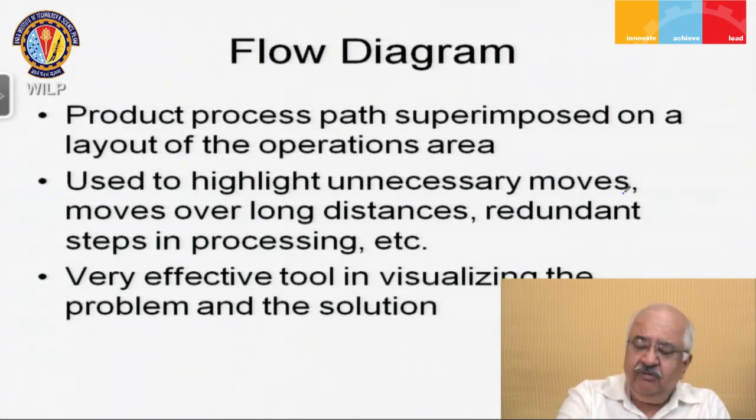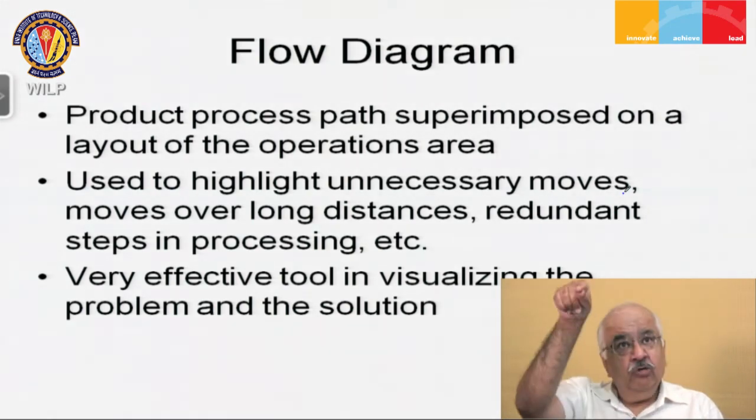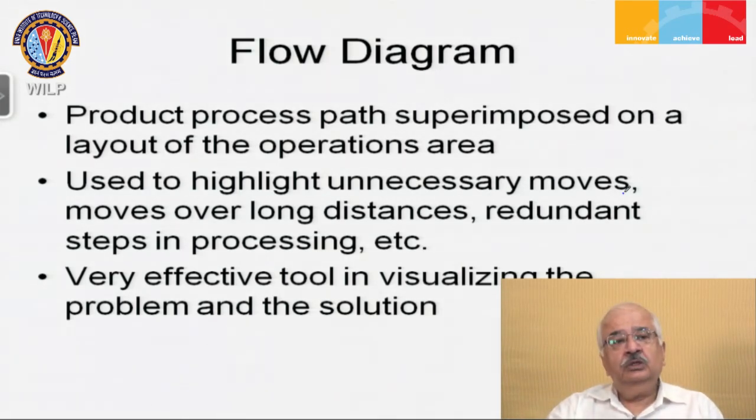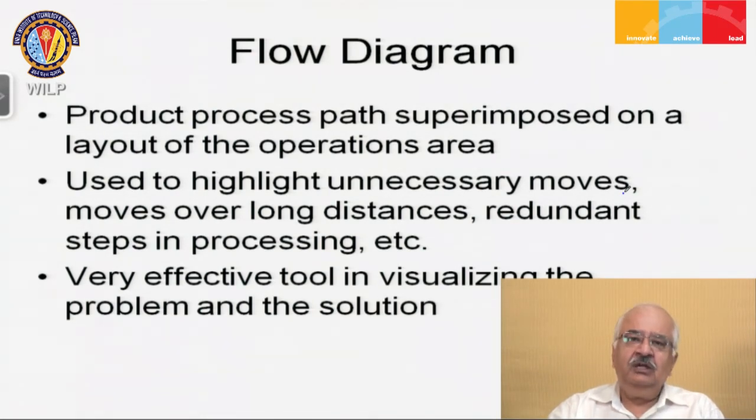A lot of times what people have found, when they draw things like the flow diagram, is that for the first time somebody actually gets an idea of how far and in what kind of ways the material travels. I remember many years ago we had visited Pratt & Whitney, which makes these jet engines for Boeing and other manufacturers, and what they mentioned was that when they actually did their analysis, they realized that their products typically travel something of the order of 7 or 8 miles within their facility before they left as completed products.